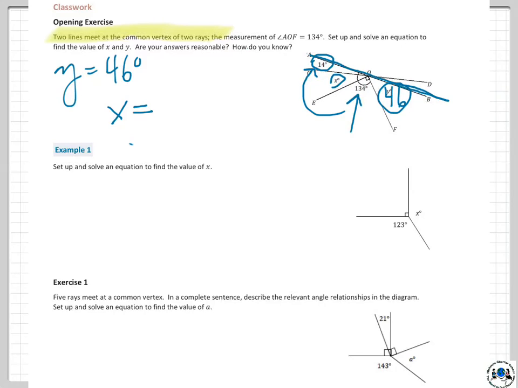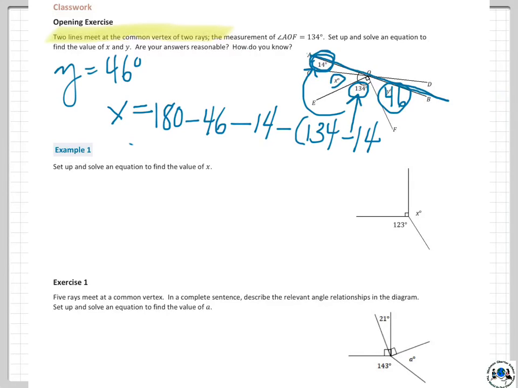I don't know if you can see that because this 134 includes that 14 as well. So let's see what that looks like. I could say x equals 180 minus 46 minus 14 and minus 134 minus 14.